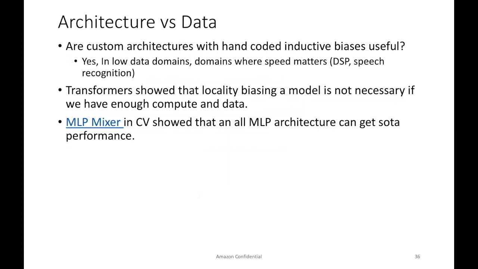The general trend in the industry is that if you have huge amounts of data, large enough data, then sometimes architecture is no longer important, but rather the data and the data quality become more important. Even a simpler architecture can outperform very complex architectures.